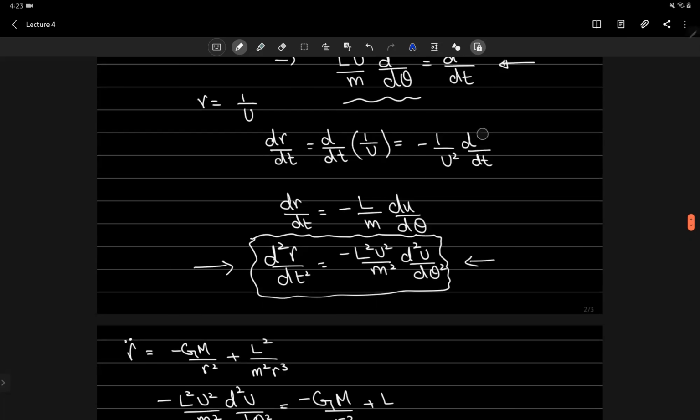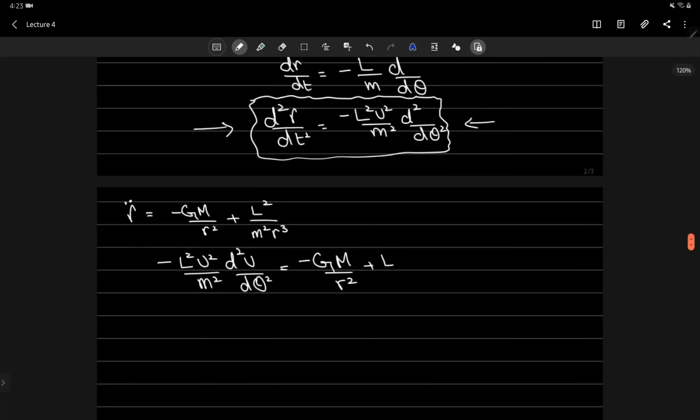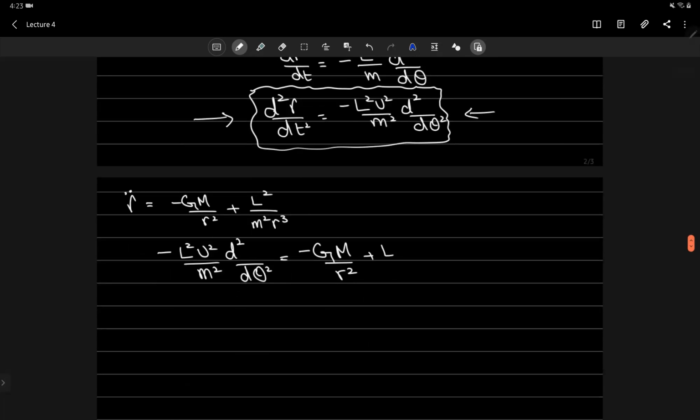Here I think u will not come, right? So let's just get rid of that. And over here it would be like this, and we would have L squared over m squared r cube.